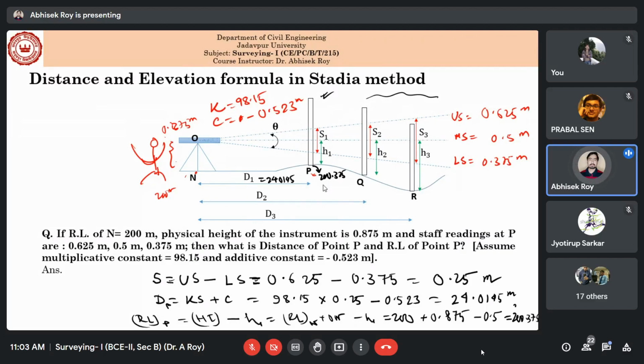You don't have to lay a chain or measure chainage, and with chaining you would also have to be sure there is no sagging and so on, to minimize the error. But you don't have to do anything like this here. You can just keep the staff in a normal vertical way and easily calculate. So this is a much faster method of calculation. You only have to know the multiplicative and additive constants of that particular instrument.